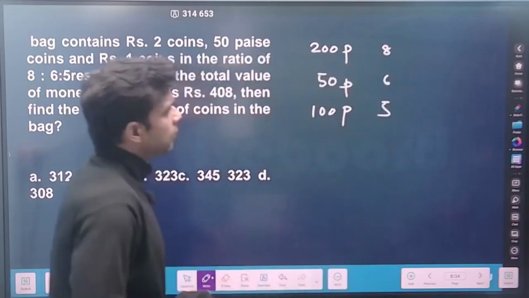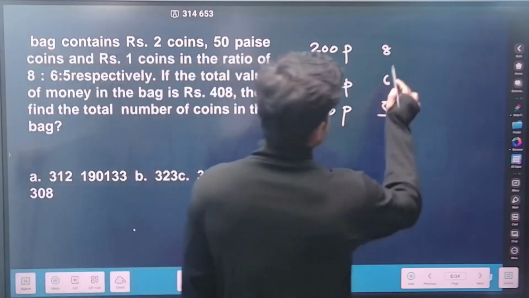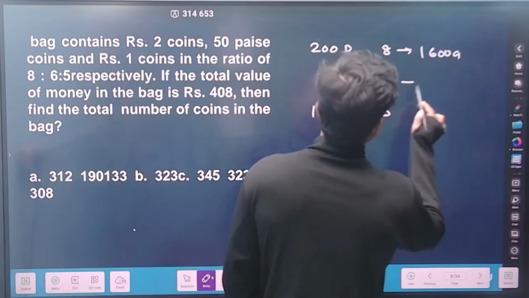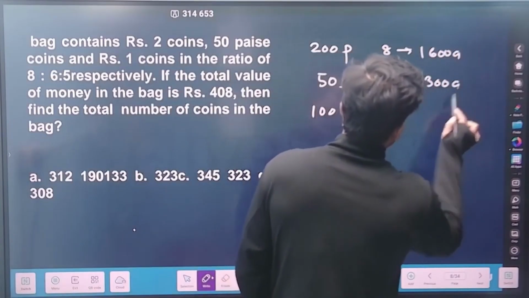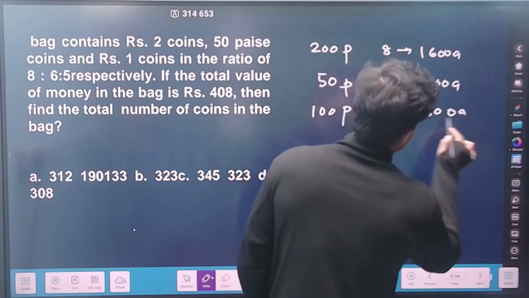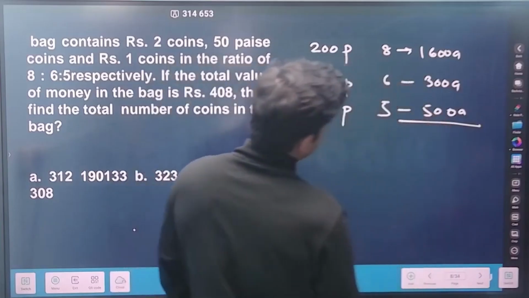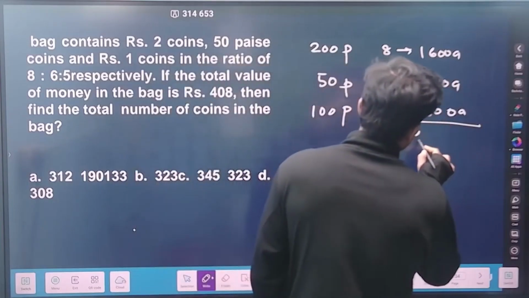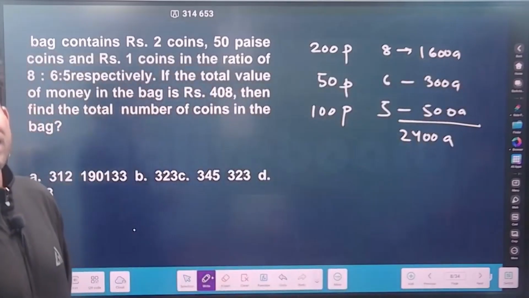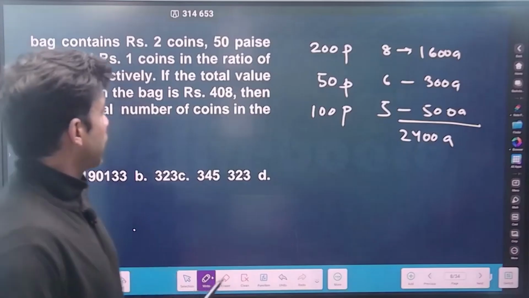The coins ratio is like that. So can I say this would be 1600A, 1600A. This would be how much? 6 5s are 30, 300A. And this is 500A. Correct, fine. So how many A am I having? 21, 22, 23, 24. So can I say this is 24A? Correct. 2400A. I hope this makes sense, everybody. Now, which is equal to 408.